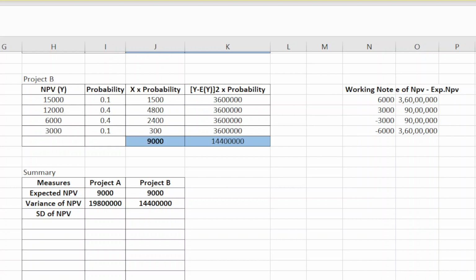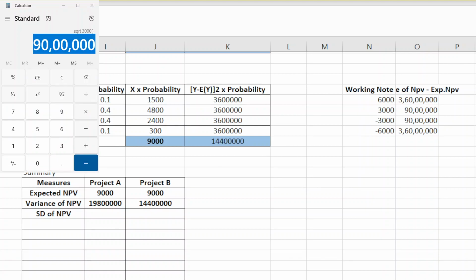Let me bring it here, and that is my calculator. How to do that, students? Very simple. Yes, let my calculator come here.